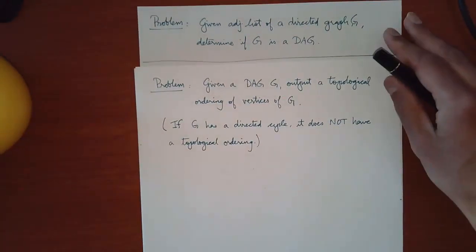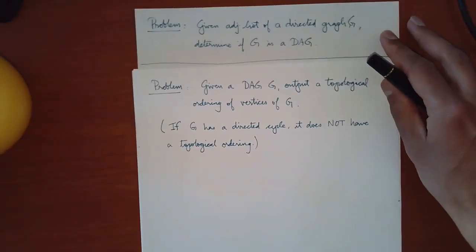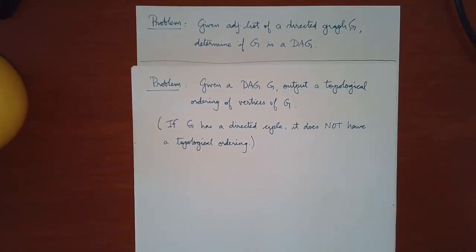So we have two problems, and I've stated them here. The first problem is, given the adjacency list of a directed graph, determine if G is a DAG. The second problem is, given a DAG, output a topological ordering of the vertices of G. Both of these are fundamental problems that come up in compilers.